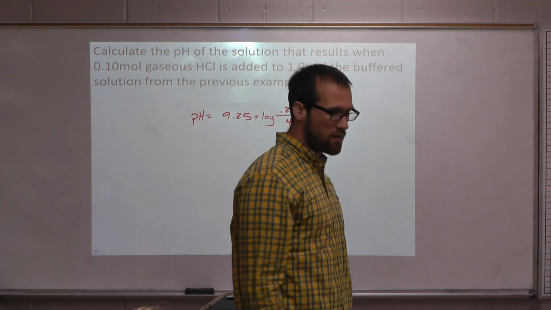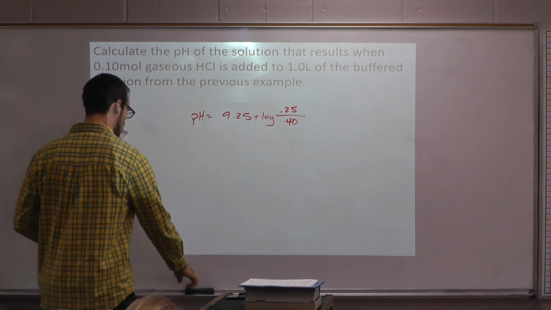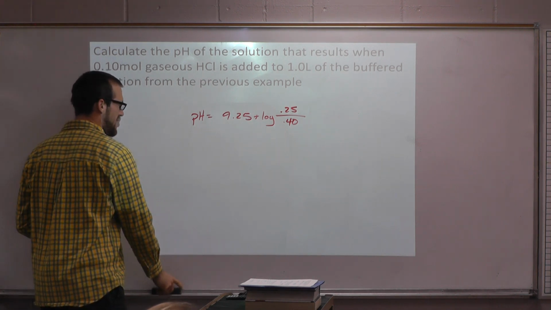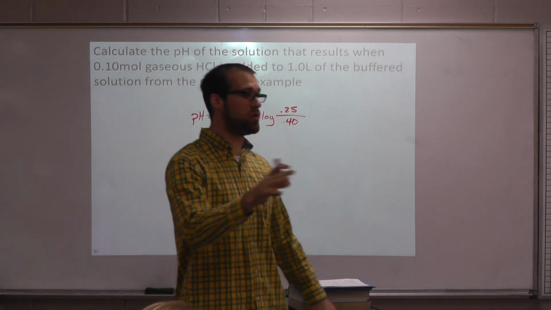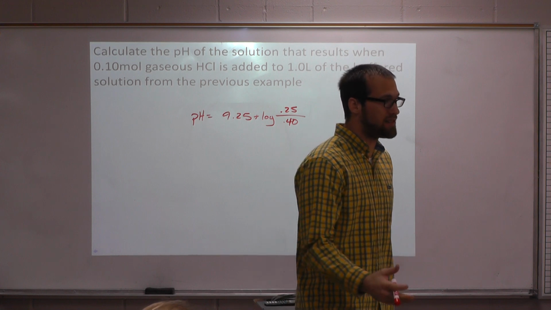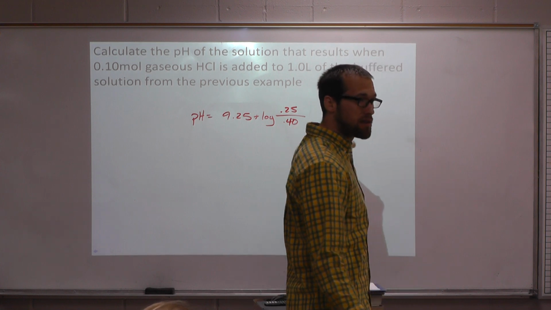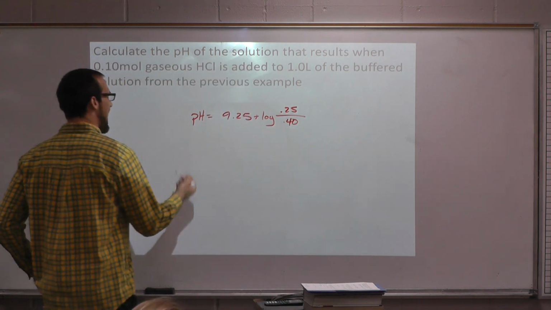A strong acid. Okay? So if you remember yesterday, when you added something strong to a buffer solution, there was something we had to do before we did the ice table, or now before we do the Henderson-Hasselbalch equation. We had to do the stoichiometry.